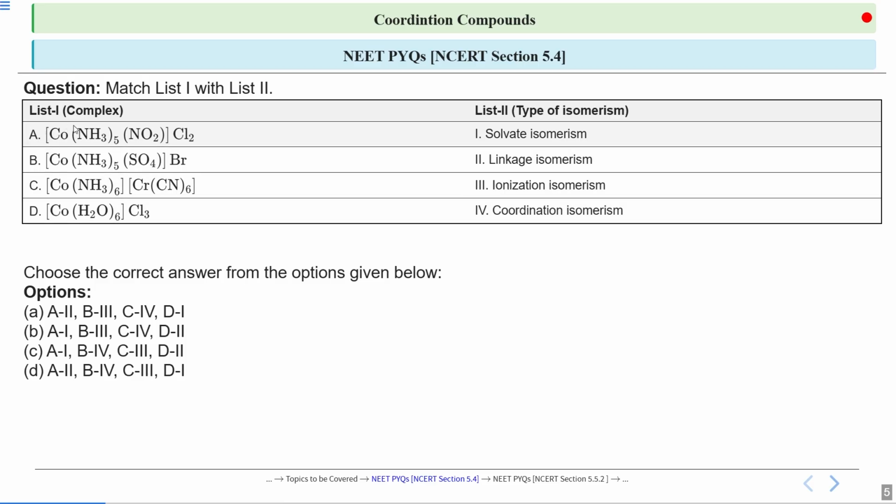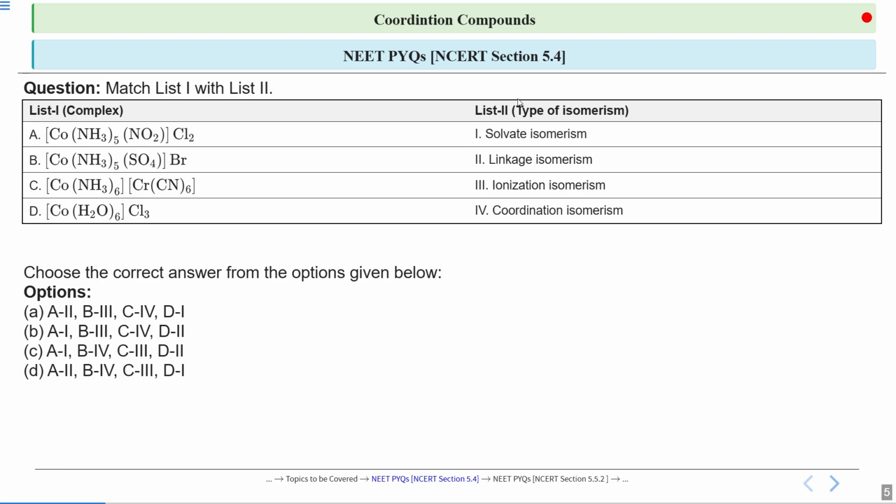So we have given the complexes. The first one is Co(NH3)5(NO2)Cl2. Then Co(NH3)5(SO4)Br. Then C is Co(NH3)6 Cr(CN)6. And the last complex D is given as Co(H2O)6Cl3.